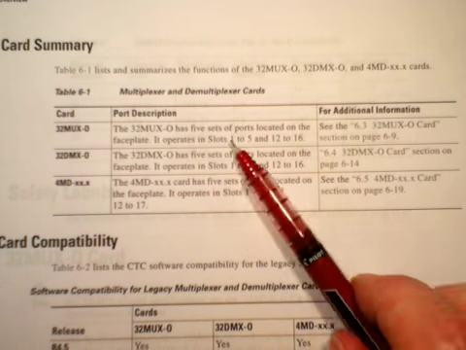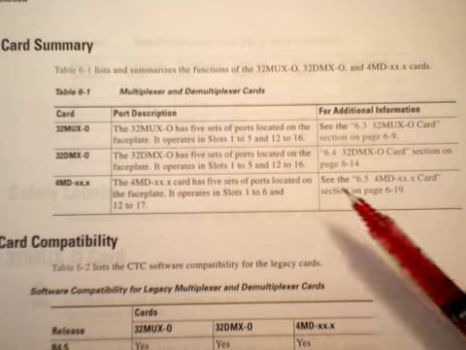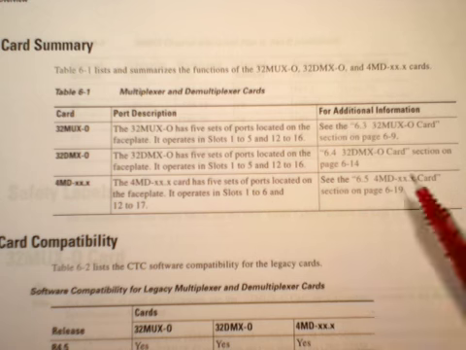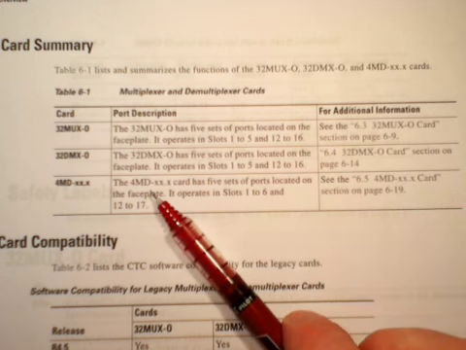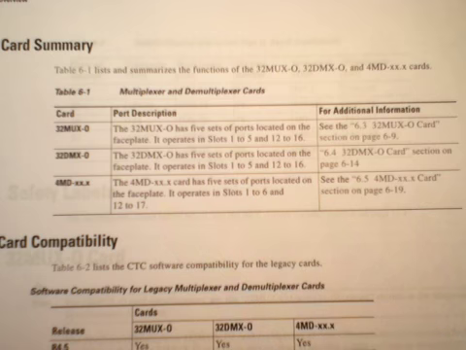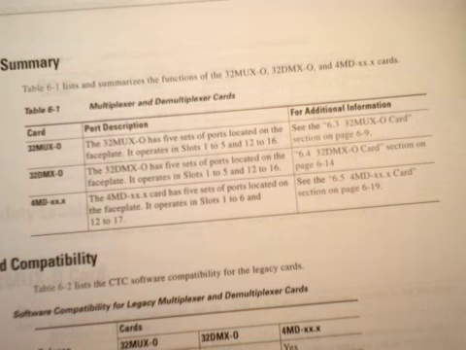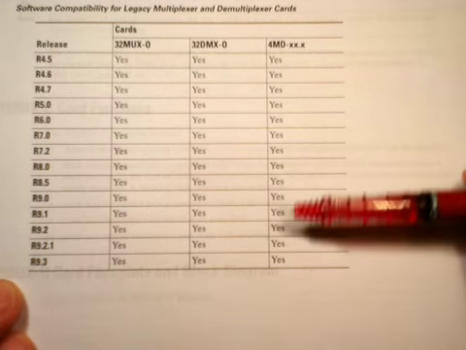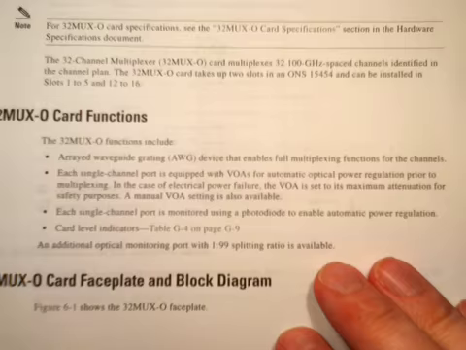It operates in slots 1 to 5 and 12 to 16. The DMUX also has 5 sets of ports, and the 4MD has 5 sets of ports also. Let's go see how all this works. All of these cards have been around since the beginning, and they're all compatible with all the software versions.